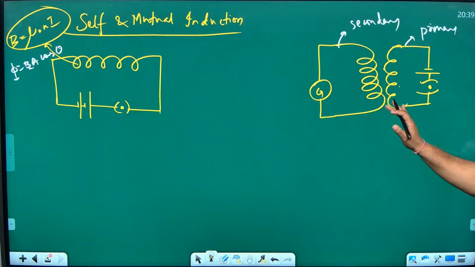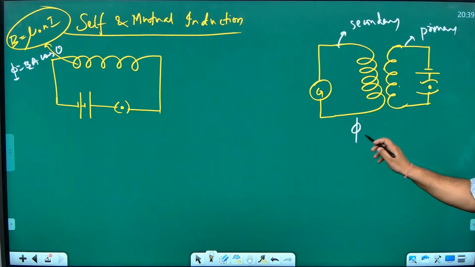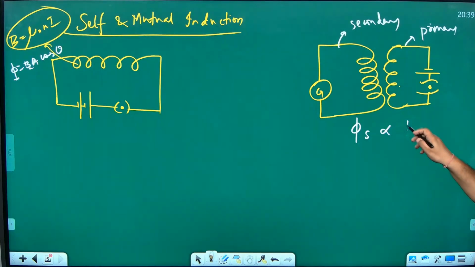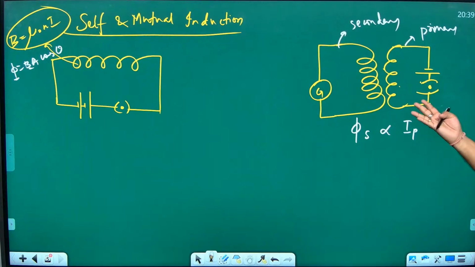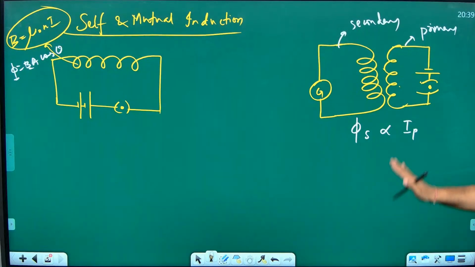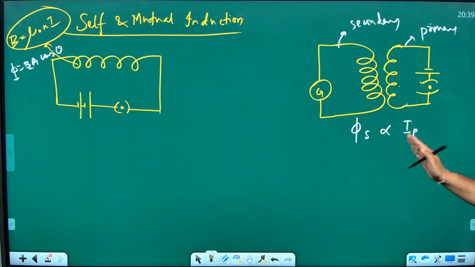Here, can I say that flux in the secondary coil is proportional to current in the primary coil? Obviously, flux in the primary coil also is proportional to current in the primary coil. But we are talking about mutual induction now, that is induction in the secondary coil. So, flux in the secondary coil will depend upon current in the primary coil.